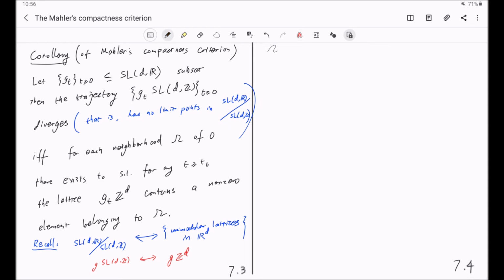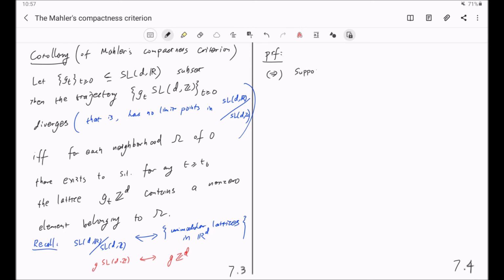And here's a proof of this corollary, which is not hard. For the forward direction, let's prove the contrapositive.